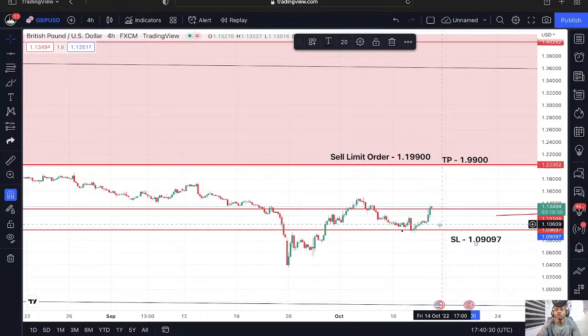All right, what I do, I use resistance and support level to measure my stop loss, and also take into consideration my risk to reward ratio, which is 2:1. I'm risking one for twice the win.